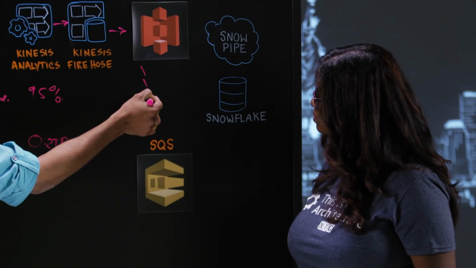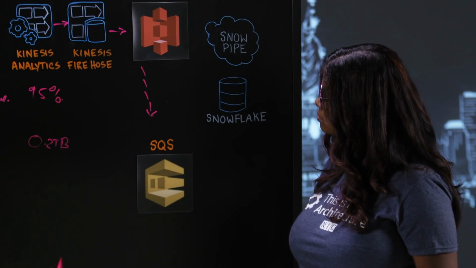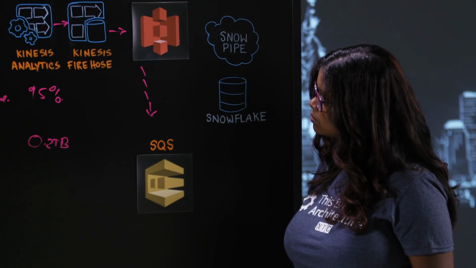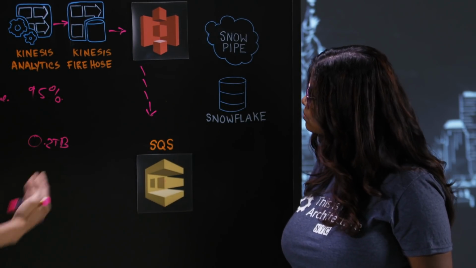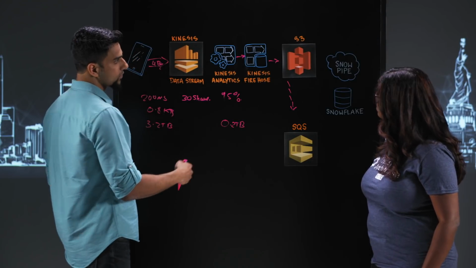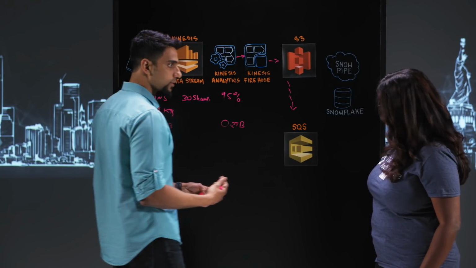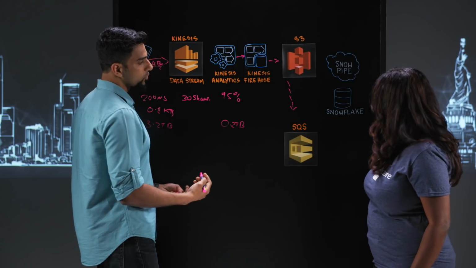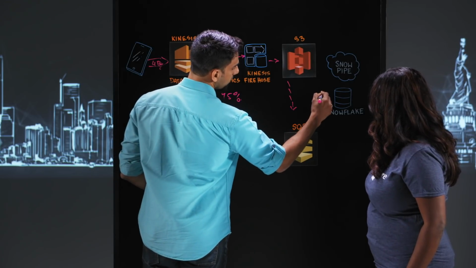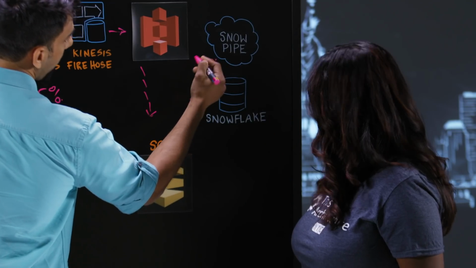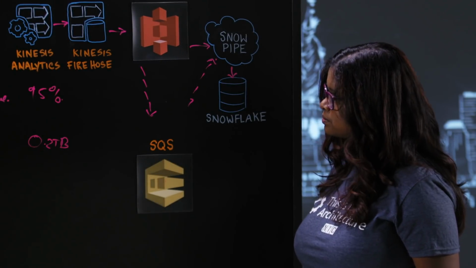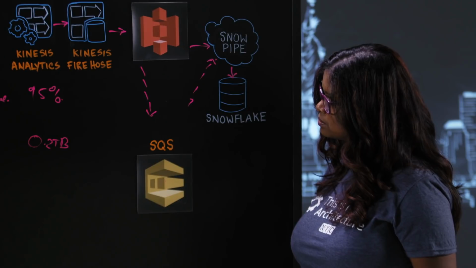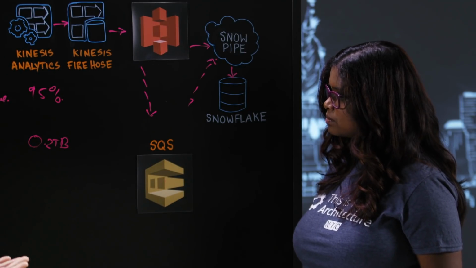Every new file that Firehose writes to that S3 bucket creates an SQS notification. We use Snowpipe, which is Snowflake Computing's managed service, which reads from this SQS stream and loads the file into Snowflake, where the data warehouse is. That's available for analysis in pretty much a 10-minute window.